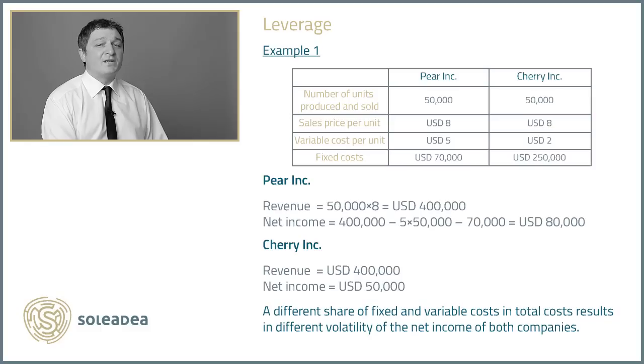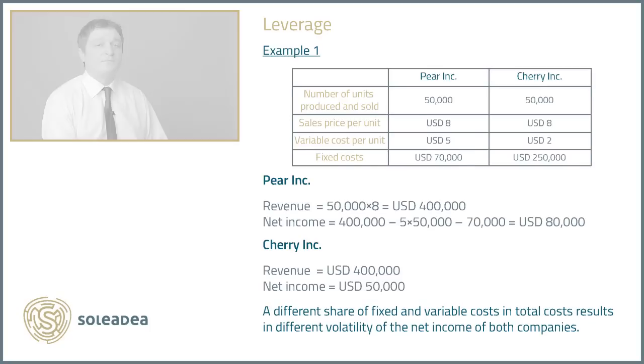However, what seems interesting from the point of view of leverage is that the companies have different variable and fixed costs. You should know that a different share of fixed and variable costs in total costs results in different volatility of net income of both companies.